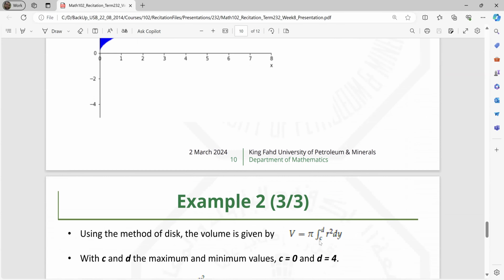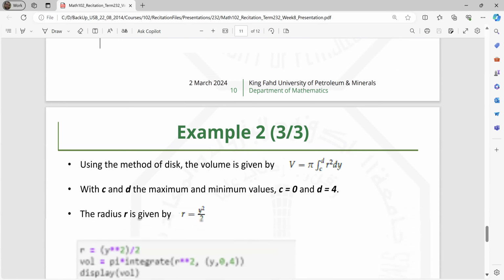So the volume would be pi times the integral from c to d of r squared dy, and c and d would be the minimum and maximum values for y on this region. For sure here, the minimum value given this region is y equals 0, and the maximum value is y equals 4. Okay, so the radius of rotation, of course, is r equals y squared over 2.